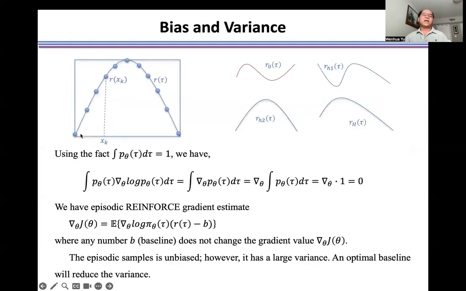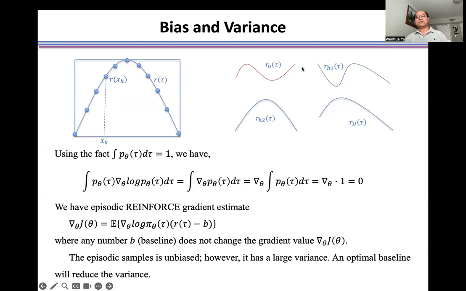For example, if we sample along a trajectory, the mean of the samples is the same as the mean of the true distribution. But when we sample along the trajectory, we will have so many points, and we will have a variance problem.